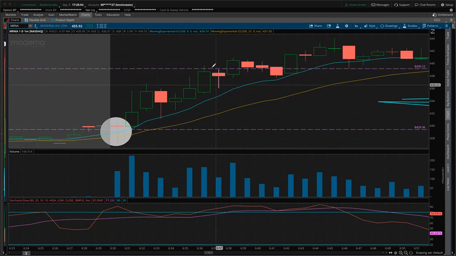Now, what about this one here? If you see a hammer right before a resistance point, and the stock has not yet broken its ATR, then that means it is a good trade to take, regardless of whether it's broken out or not.